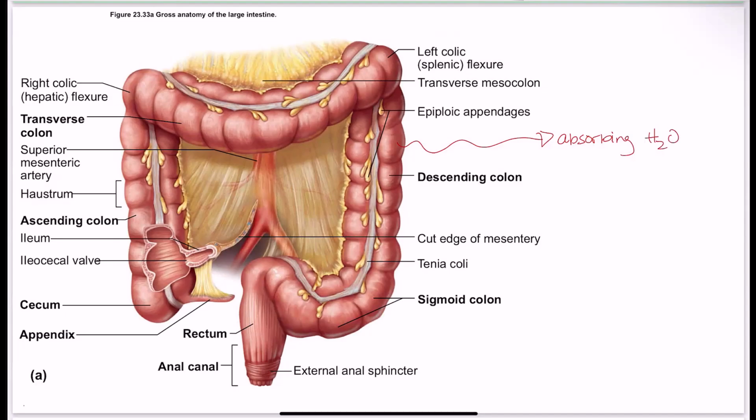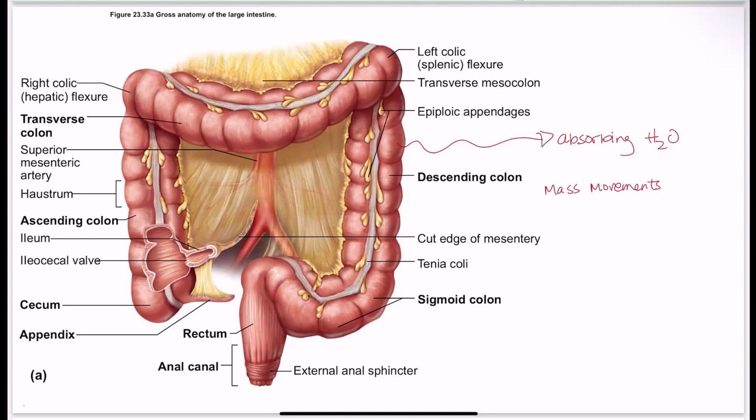But there's also stuff called mass movements. Think of it as mass peristalsis, it's a lot of peristalsis. It helps move the contents of the colon a few times a day, usually shortly after eating. And that's because food that hits the stomach activates reflexes in the colon to move things along.